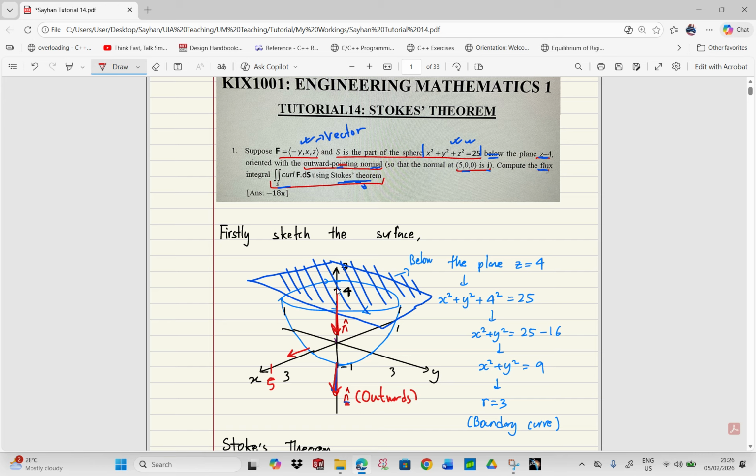If it's going downwards, that means your circular surface at z equals 4 is going in a clockwise direction. How do we know this? Because if you use your right hand rule, if you remember, imagine this is your right hand, you're putting a thumbs up sign. Sorry for the bad drawing, but hopefully you can bear with me.